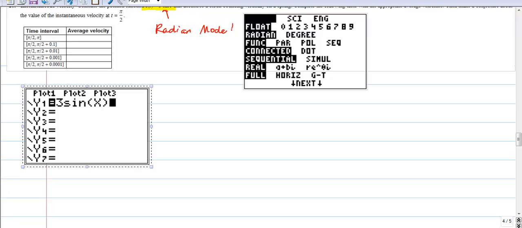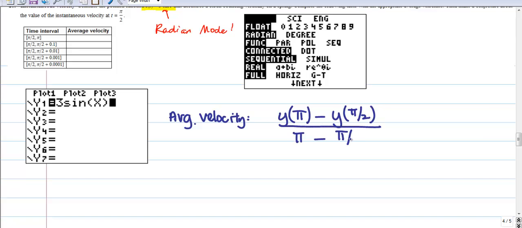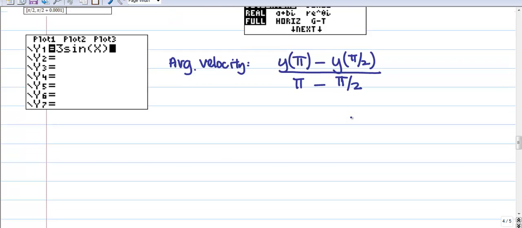So, if you notice on that first one, the average velocity will be my function, my y value. Really, the function up there is in terms of s, but let's just be silly here. Y of pi minus y of pi over 2, and then I'm going to be subtracting. And I'm going to keep doing this for each one of these.